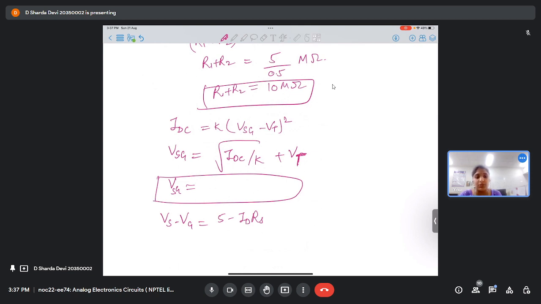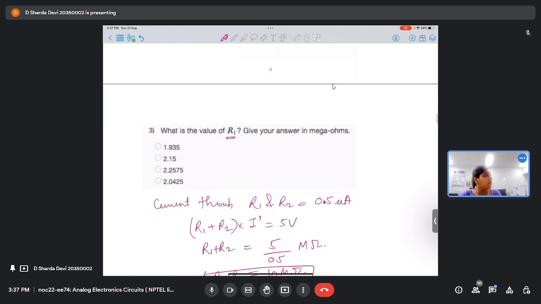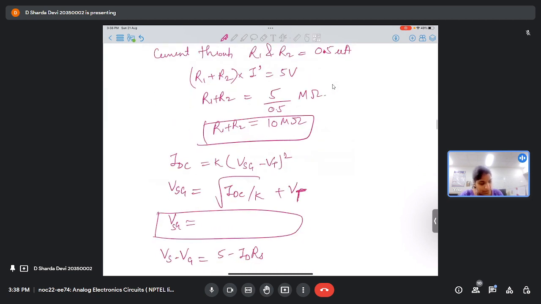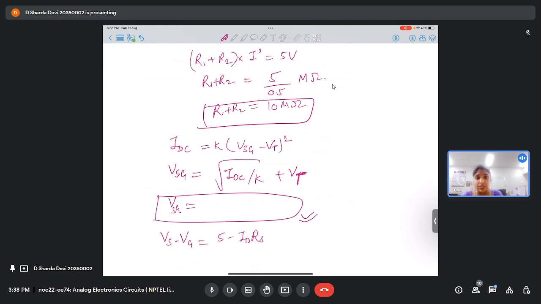So question number 3. The value of current was, okay. So what is the value that you are getting? VSG कितना आ रहा है इसमें for this expression?